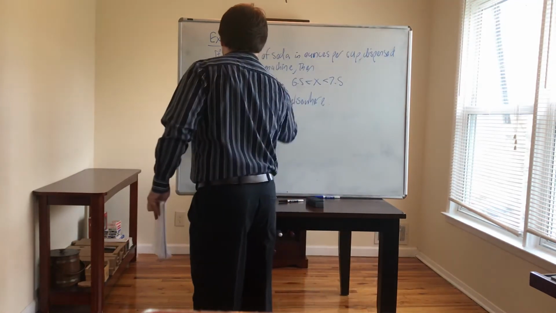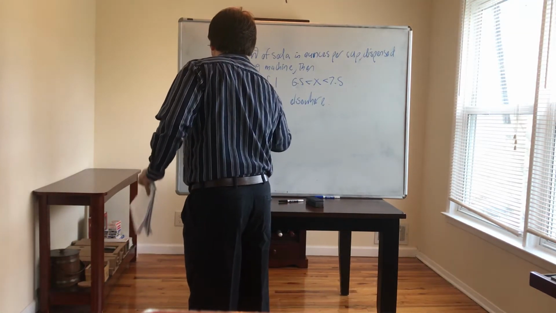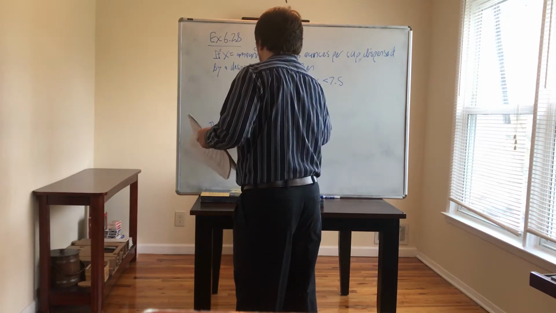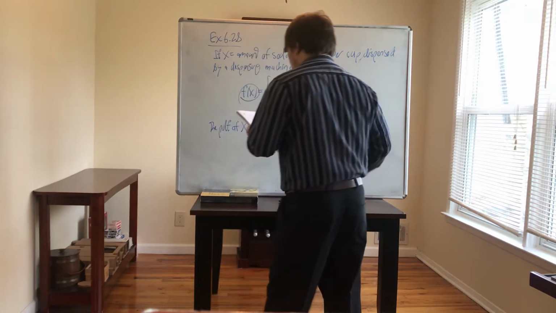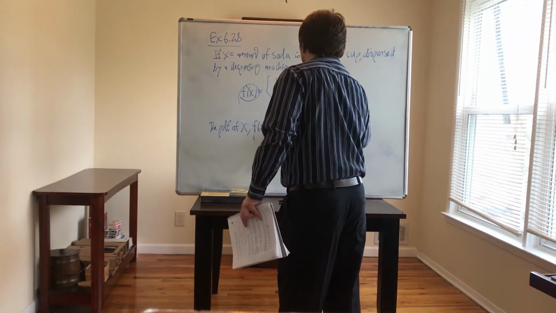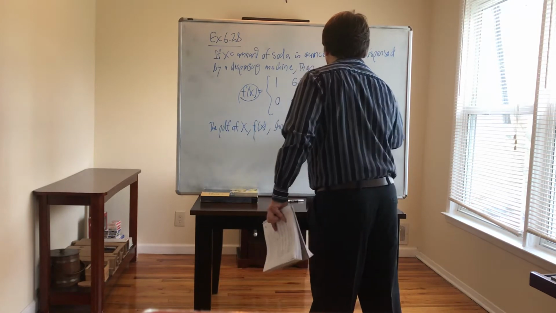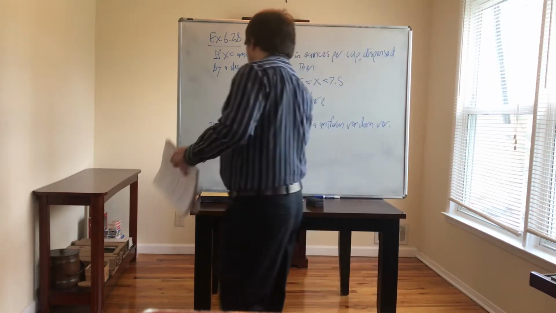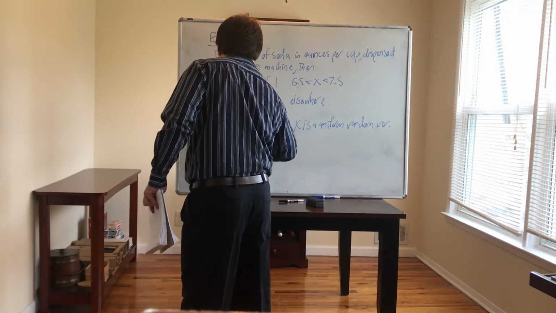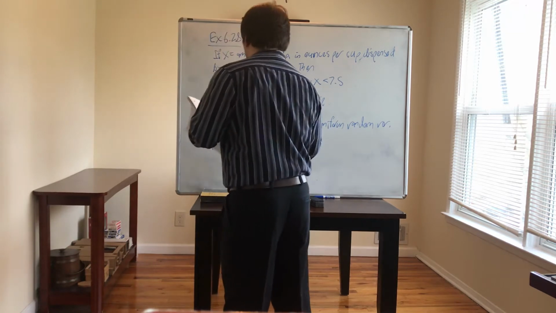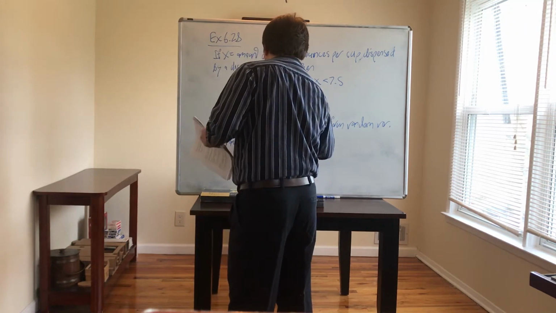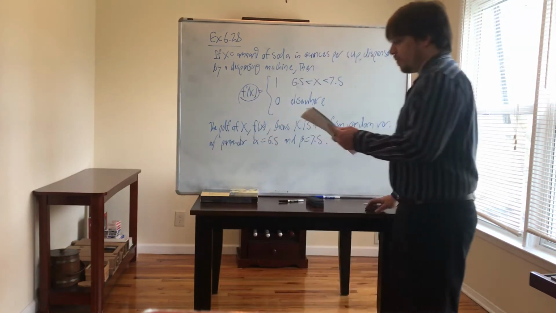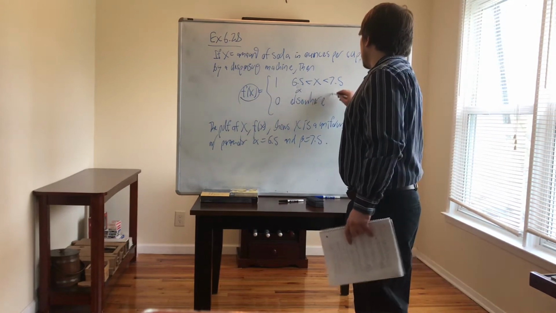So the PDF of the random variable X, f of x, shows X is a uniform random variable with parameter alpha equals 6.5 and beta equals 7.5. This is the value of alpha, that's the value of beta.